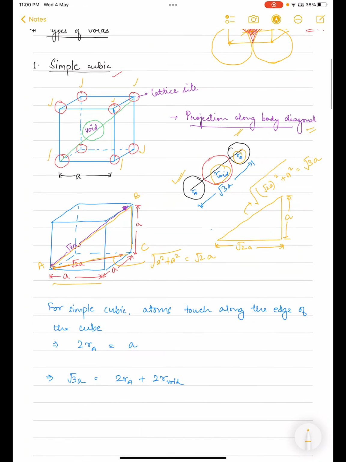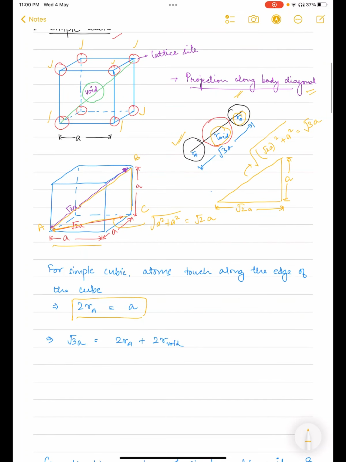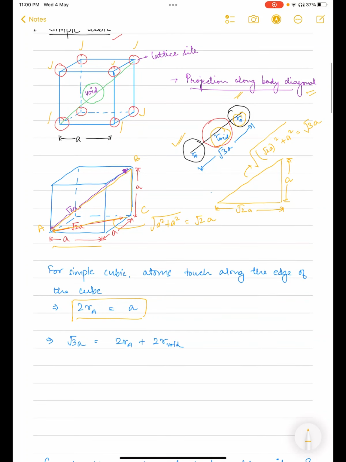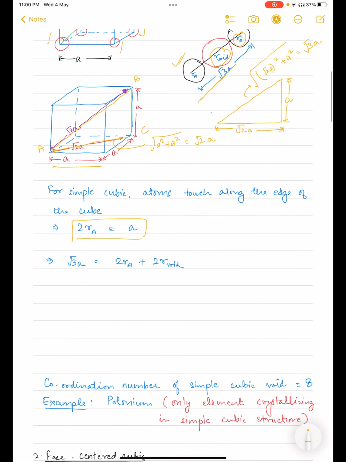Now these atoms will be in contact along the edge length. So two radii make one edge length. Now if we see along the body diagonal, this root 3 a is equivalent to 2 radii of the atom plus 2 radii of the void. Now let us calculate.